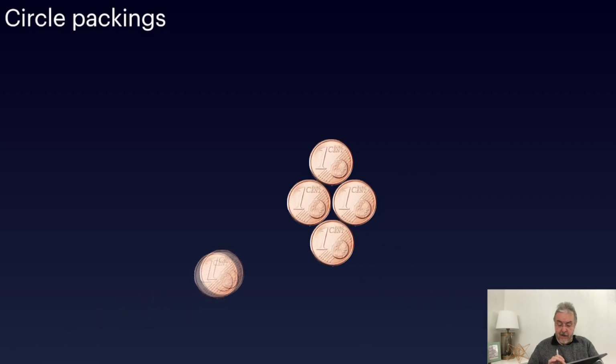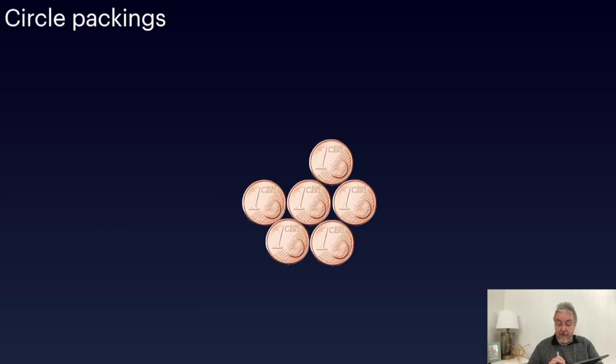And well, you all know that if you take one penny at the center and put pennies around it, at the end it closes up perfectly, and you can go on and on and on. But this is really a special thing for the Euclidean space.